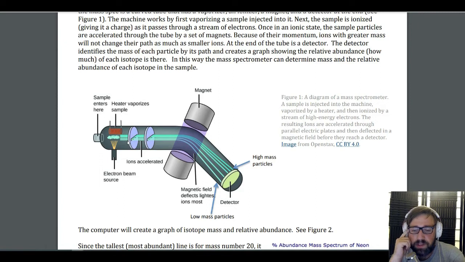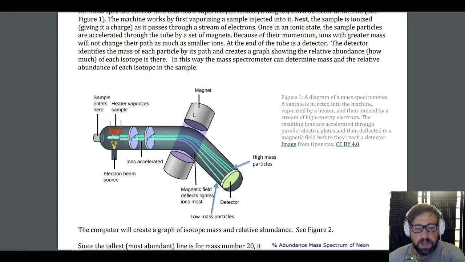You can also use this same technology to figure out a lot of other stuff about more complex things. But for right now, let's just focus on a single element with a bunch of different ions going through. And so what we do, vaporize it and ionize it, turn it into an ion. These are usually positive ions, right? And then we accelerate them through. They zip forward.